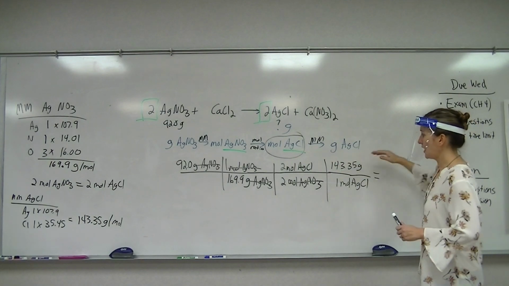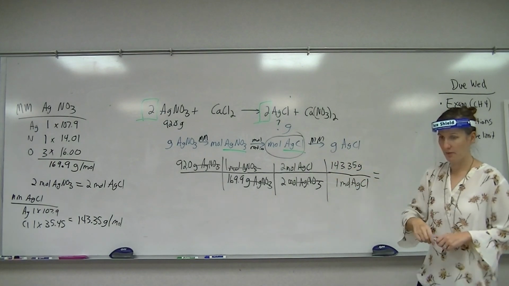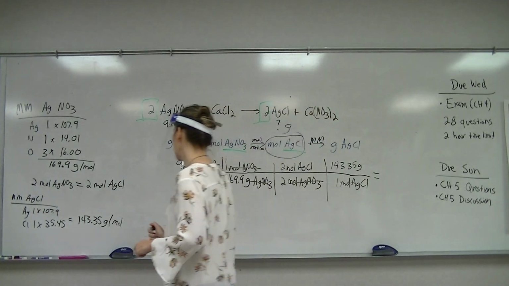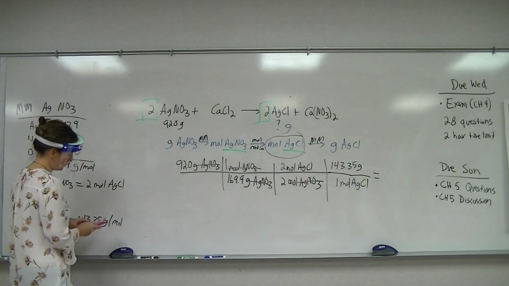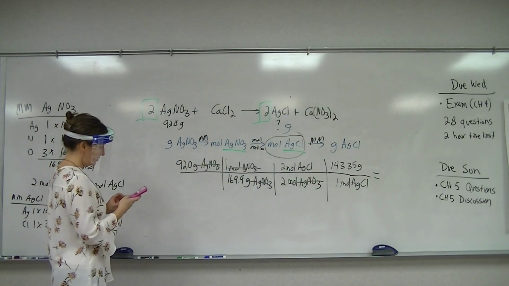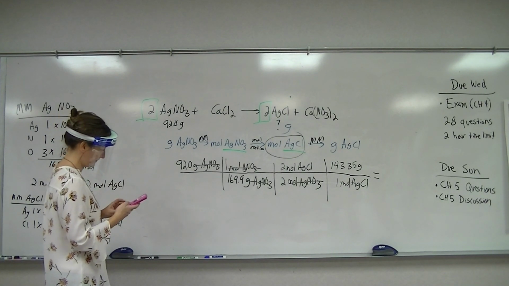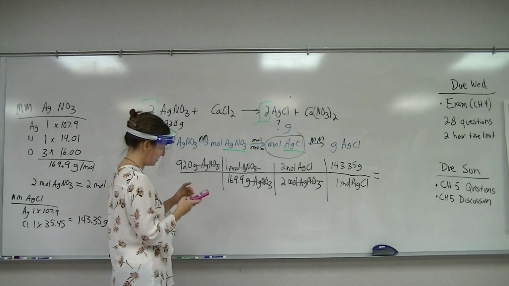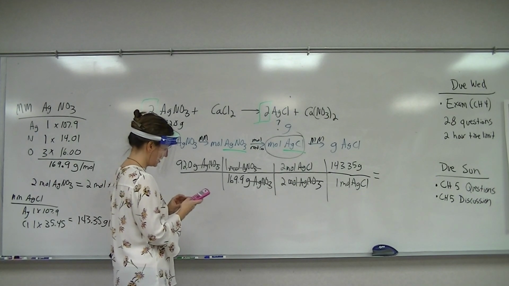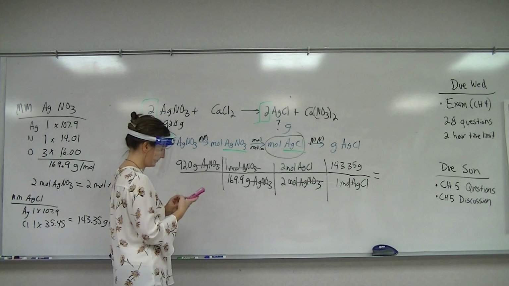So multiply all the way across, 92 times 2 times 143.35, and divide it by everything on the bottom, 169.9 times 2.